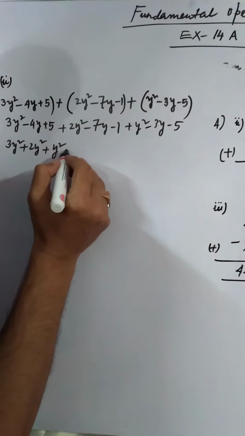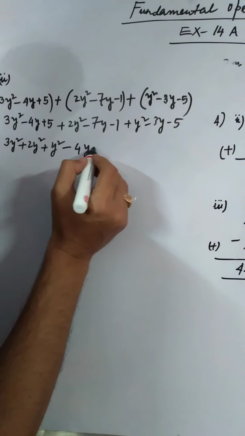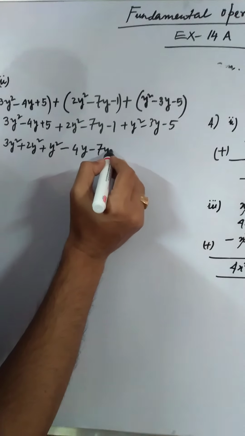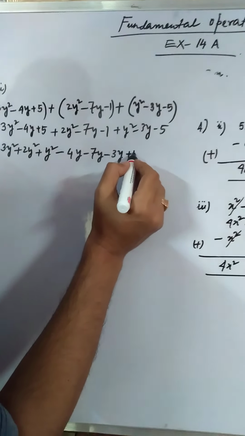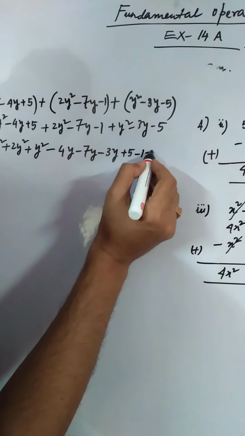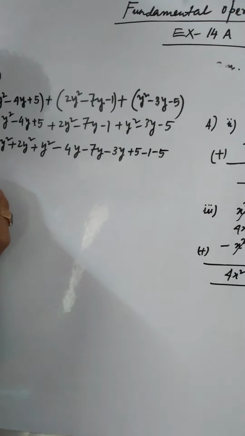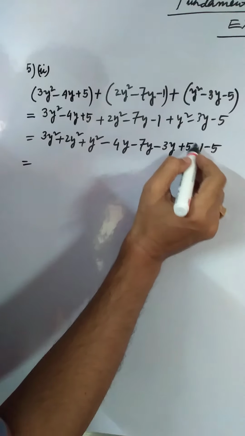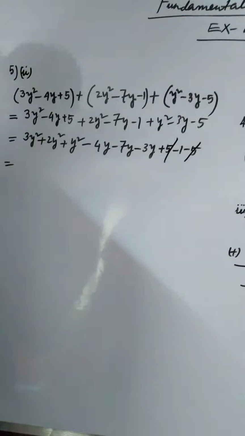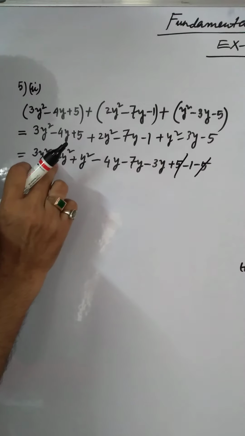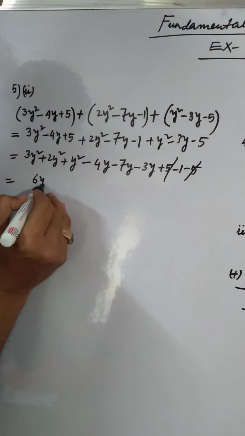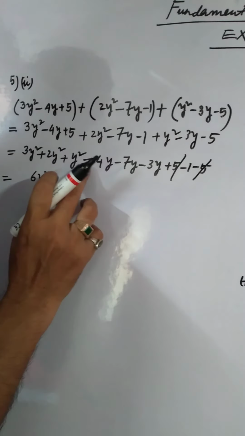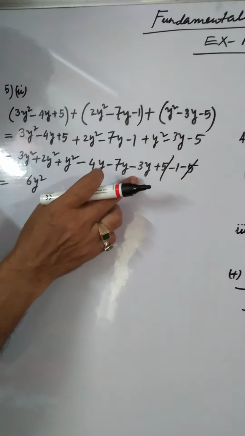Now the next like terms: minus 4y minus 7y minus 3y, and then plus 5 minus 1 minus 5. Now you see plus 5 and minus 5 cancel each other. Now 3 plus 2, 5, 5 plus 1, 6. So 6y square.